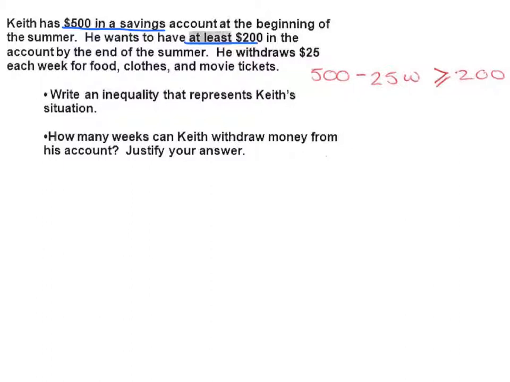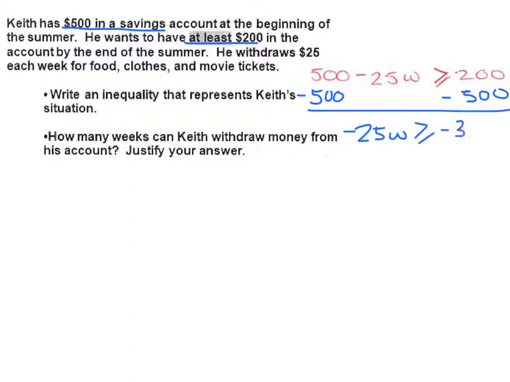So the first thing we would do is to subtract 500 from both sides. So now you're going to end up with negative 25W is greater than or equal to negative 300. Divide everything by negative 25.